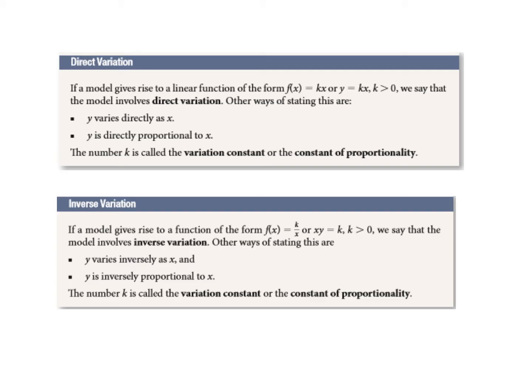Then we have two specific models that we're going to talk about. One is direct variation, and that is just a fancy way of saying a line that goes through the origin, so it just has a slope. So instead of being y equals mx plus b, it's just going to be y equals mx.